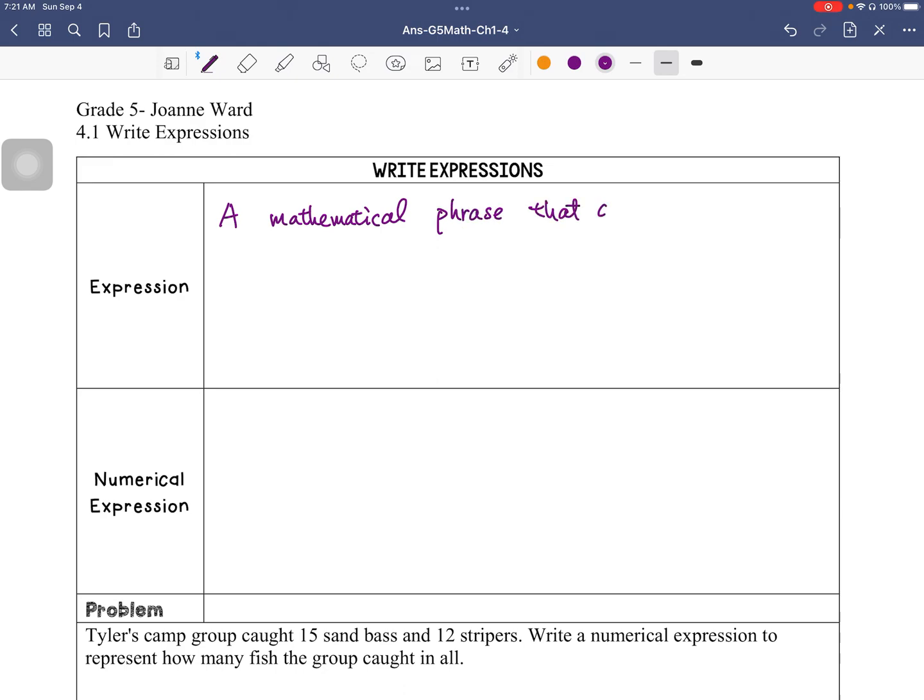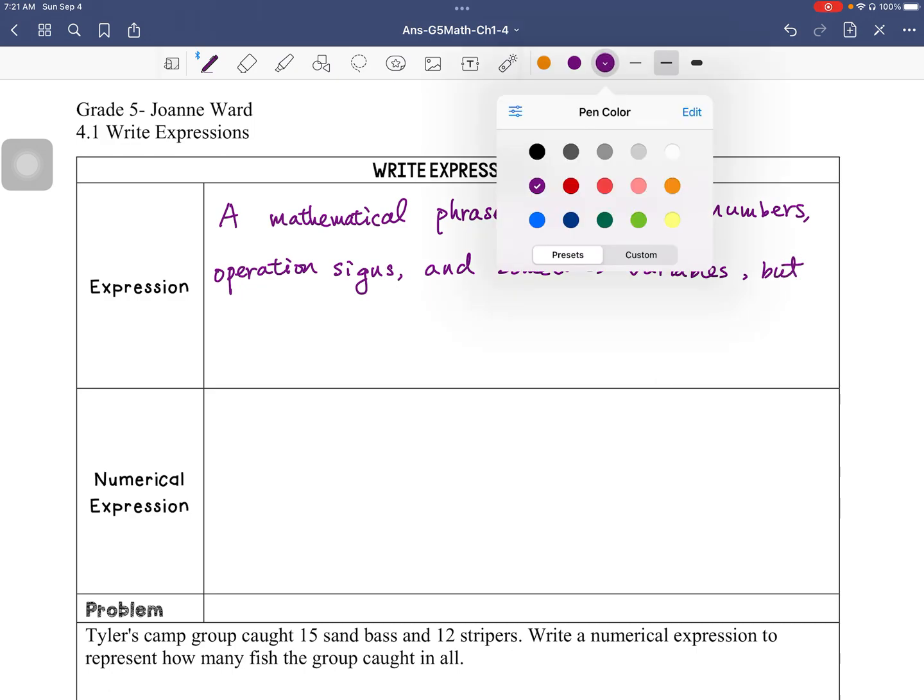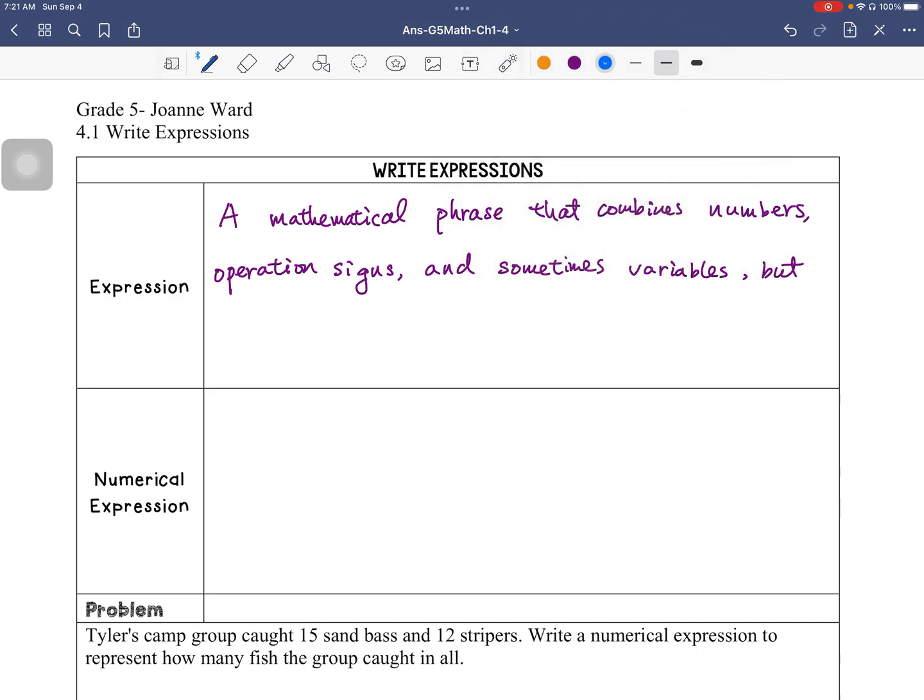That combines numbers, operation signs, and sometimes variables, but does not have an equal sign.